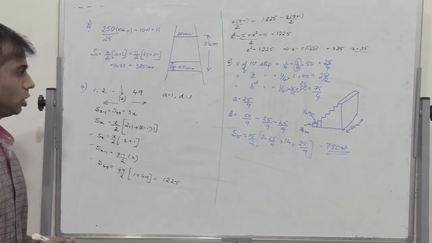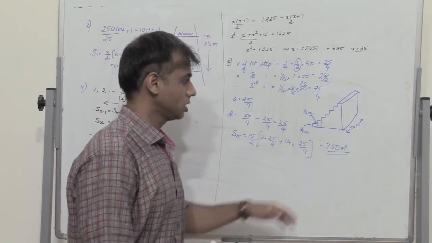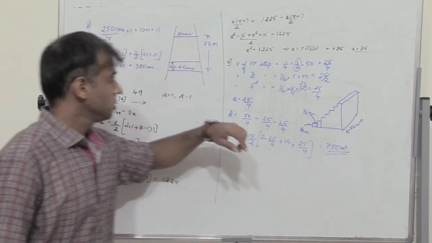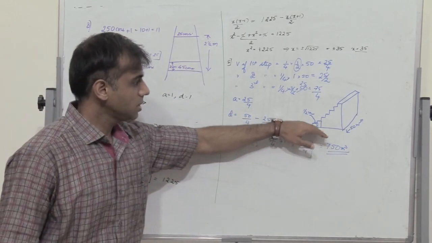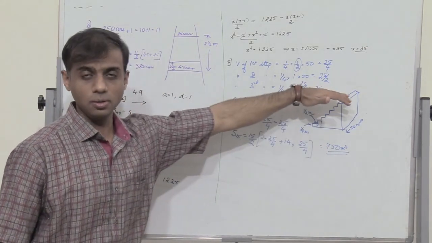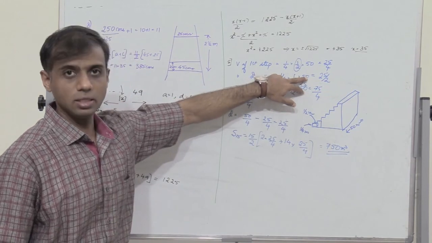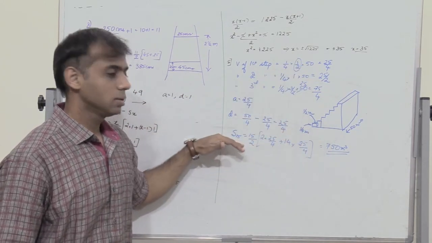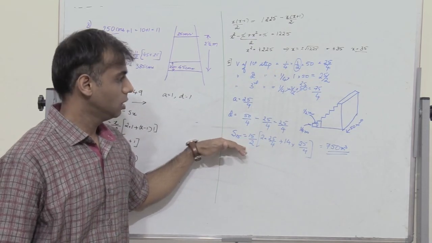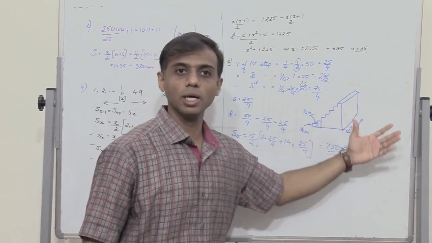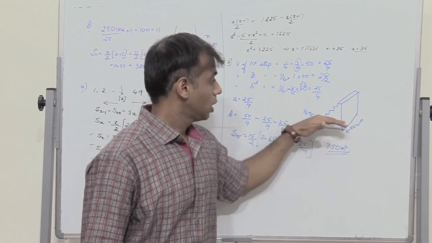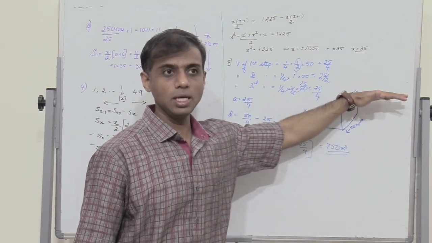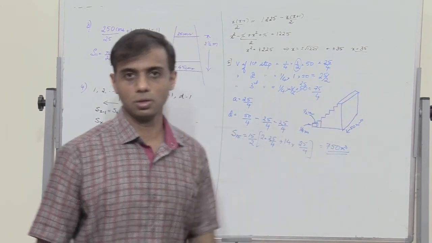So the entire volume of this terrace on the football ground is 750 meter cube. So we find the volume of the first step, second step, third step, and so on, find the difference D, and we also get the value of A, and we use this expression to find the total volume required for the terrace placed on the football ground.